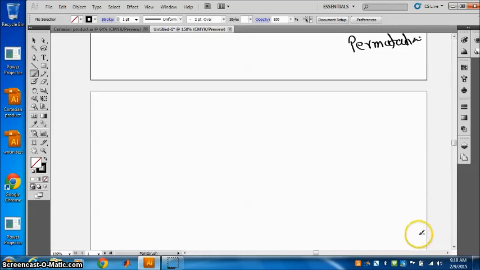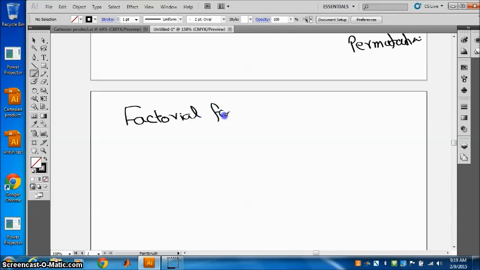Now, how to find combination? For that, you should know about the factorial formula. Factorial formula is a must. Factorial formula is n factorial. This is the sign of factorial. We say n factorial.